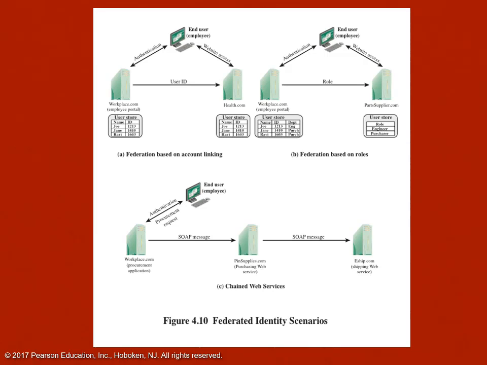An engineer of workplace.com authenticates at the employee portal at workplace.com and clicks on a link to access information at partssupplier.com. Because the user is authenticated in the role of an engineer, he is taken to the technical documentation and troubleshooting portion of partssupplier.com's website without having to sign on.